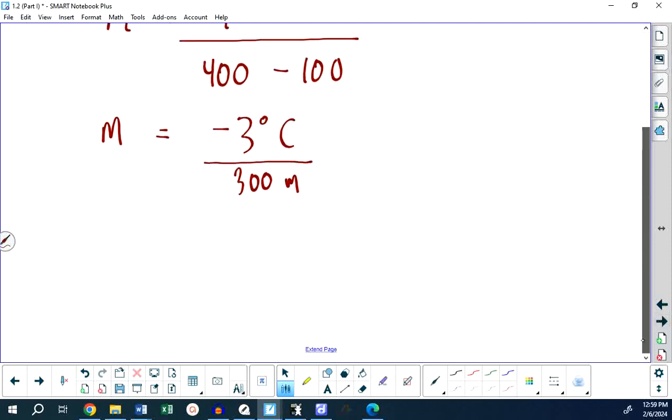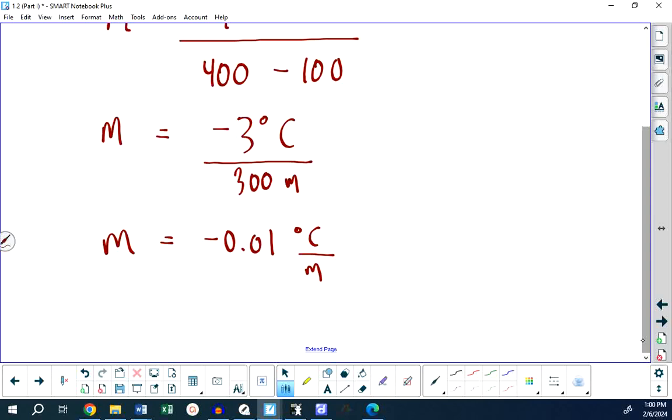So when I divide those two, I get -0.01, I think. You can let me know. Is that right? Okay. Degrees Celsius per meter.